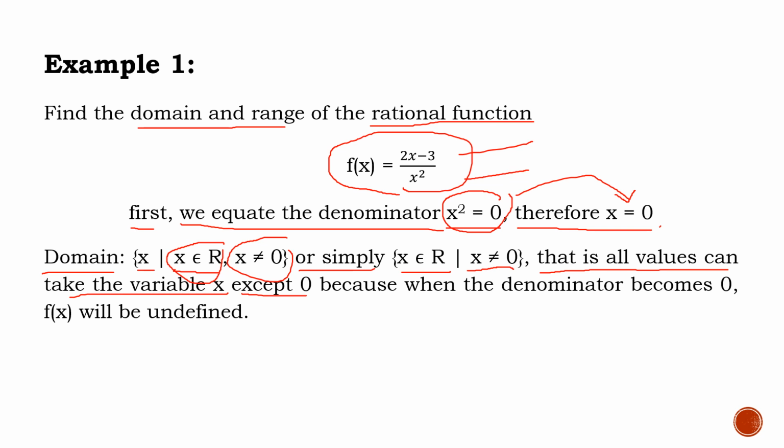That's why we give a condition that x is an element of all real numbers, but x is not equal to 0. Meaning to say, we excluded x equal to 0 from the values that we're going to put in your x variable, because when the denominator becomes 0, your f of x will be undefined.